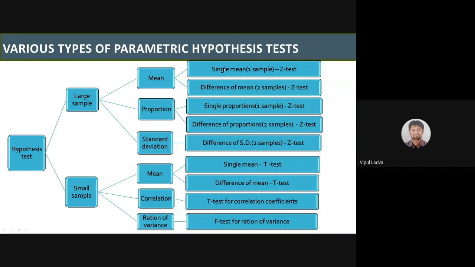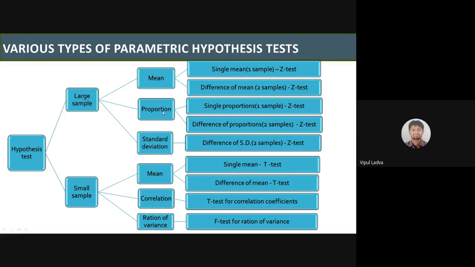If we are dealing with a single sample and we are having data related to its mean, then the Z test for the single mean will be applicable. And in a large sample, if we are having data related to mean and we are having two different samples, then the Z test for the difference of means will be applicable.